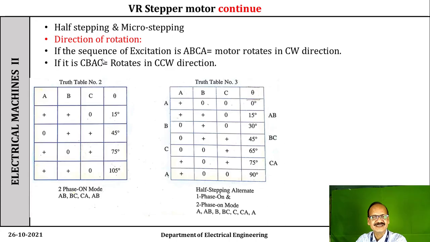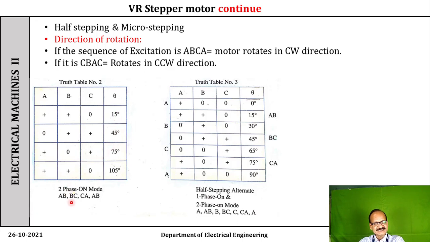So in this way, let us have the truth table, say the two phase on mode, that is excite A and B together, keeping C open, the rotor will stop midway between 0 and 30 degree.